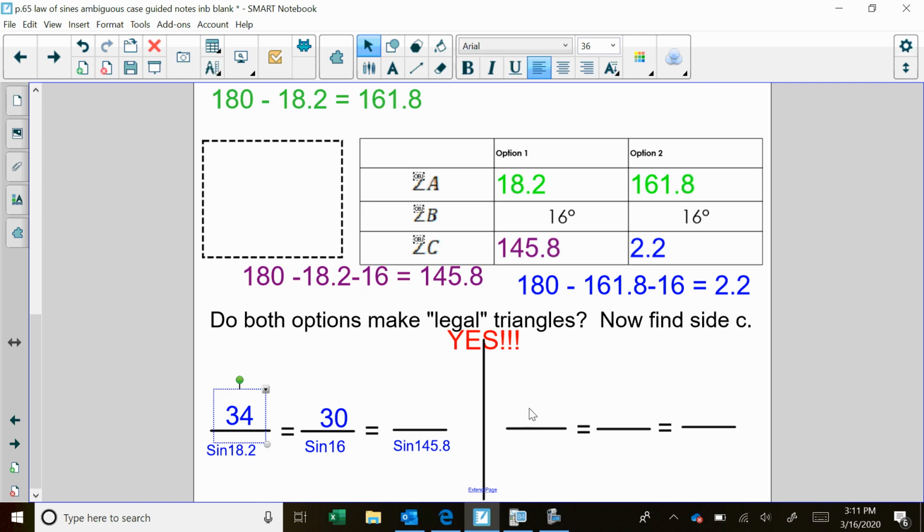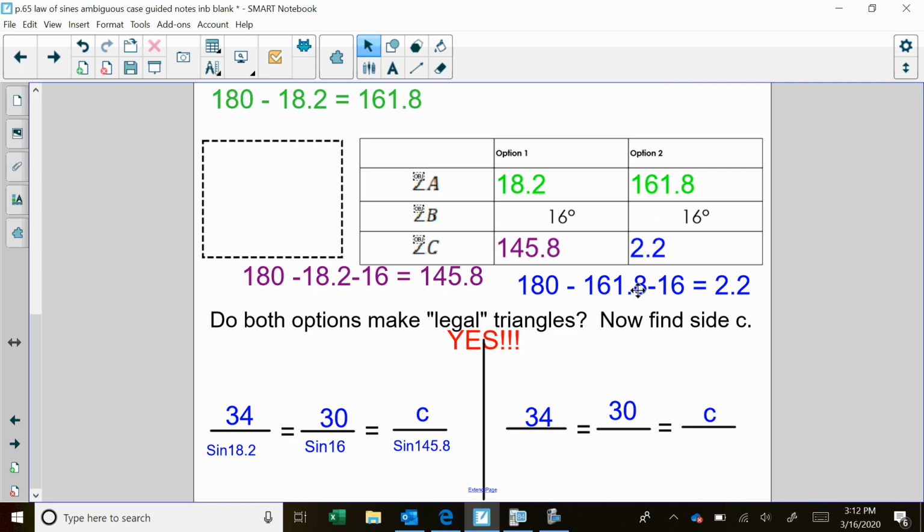34, 30. On the first option, you've got to find your little c. Got to find a little c over here too. But on the second option, you have different angle measures.